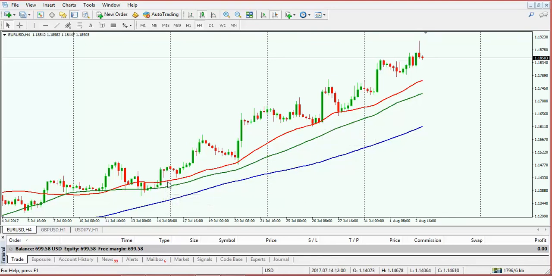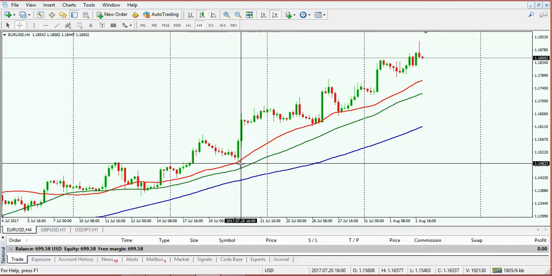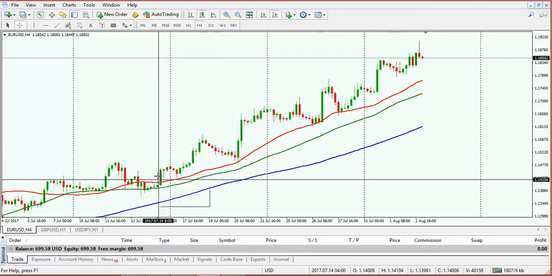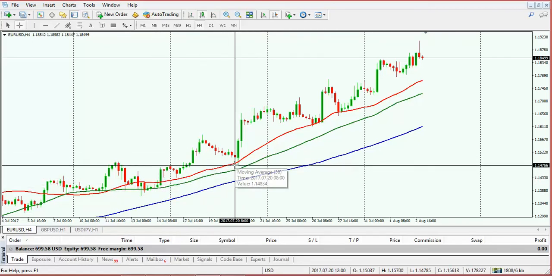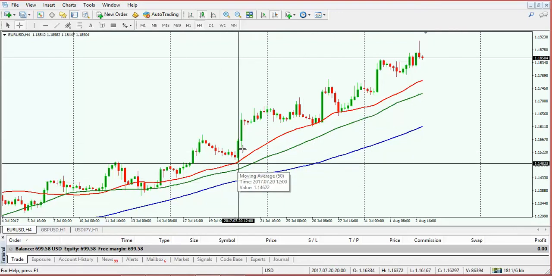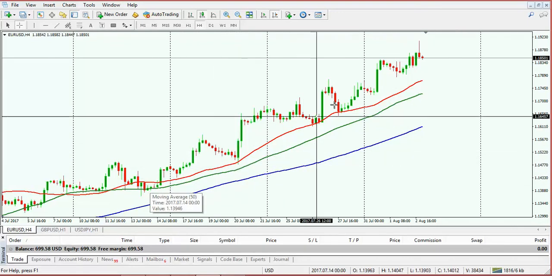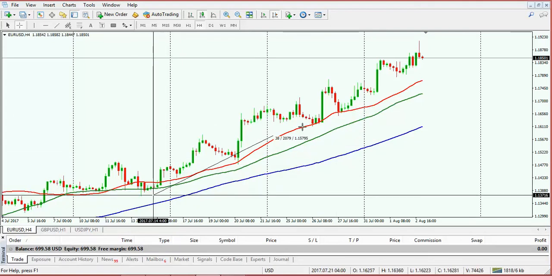You see, market goes up, comes to bounce off it, goes up, comes to bounce off it, and it's normally advisable to wait for the second bounce on it. This first one is not advisable to take, but on the second, the third, the fourth is advisable, because whenever the market bounces from there, it makes the moving average stronger to hold the market at a future date.